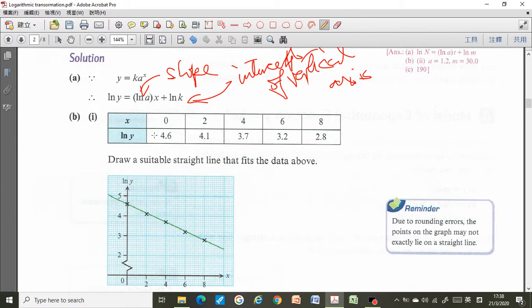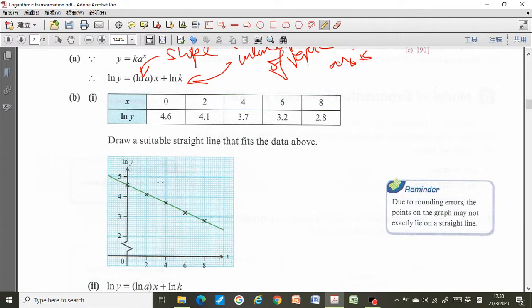After you get this, then you plot the corresponding points. When x is equal to 0, log y is 4.6, you plot here. This point 2, 4.1, this one 4, 3.7, this point 6, 3.2, and this x 8, 2.8.